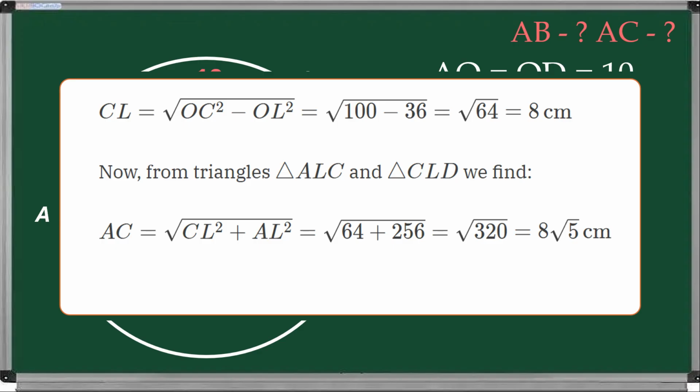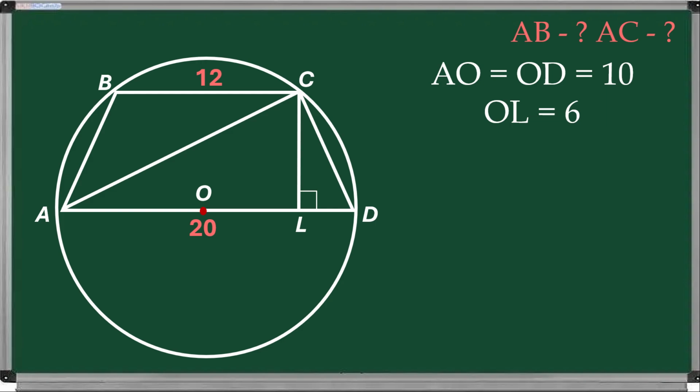AC squared equals 8 squared plus 24 squared. AC squared equals 64 plus 256. AC squared equals 320. Taking the square root, AC equals the square root of 320, which simplifies to 8 times the square root of 5. This is the length of the diagonal.